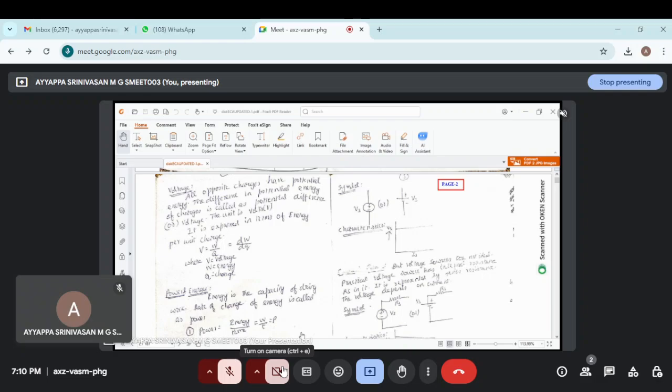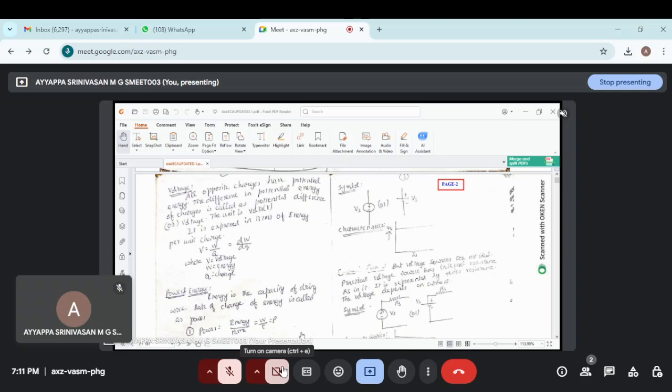In electrical work, you might have heard electricians saying phase and neutral. The voltage between phase and neutral is 230 volt. What does that mean? The work done to move a charge from phase to neutral through some other thing, say a fan or light, is 230 volt. It is also defined as work done per unit charge, right?